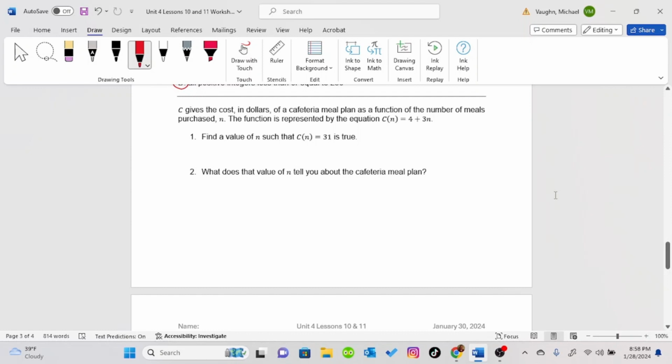Find a value of n such that C of n equals 31 is true. So, if we know that C of n equals 4 plus 3n, and we know C of n equals 31, then we can set these equal to each other.